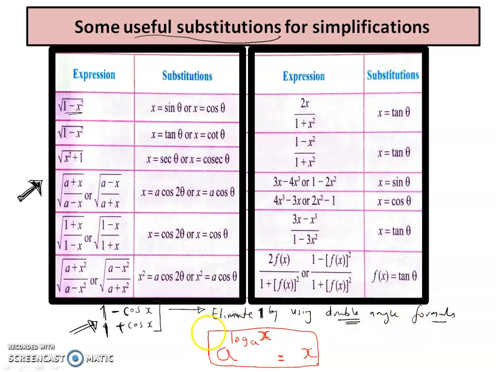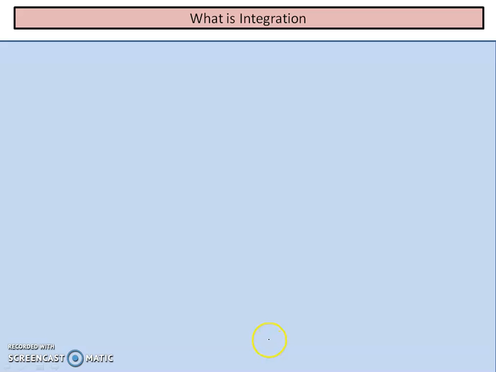And one very important thing we had seen about log: if anything is raised to log of some number to the same base, here a is there, here also a is there, the value becomes simply x. Remember all these.